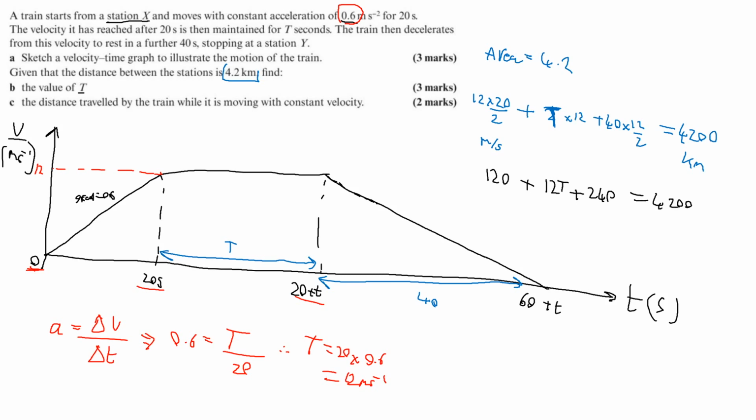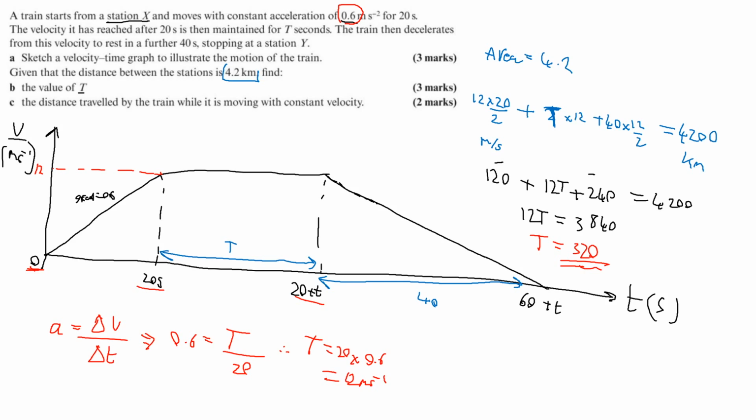Now let's subtract this, so 12t is equal to 4,200 minus 360, which is 3,840. And so therefore, we know that t is equal to that divided by 12, which is 320 seconds.